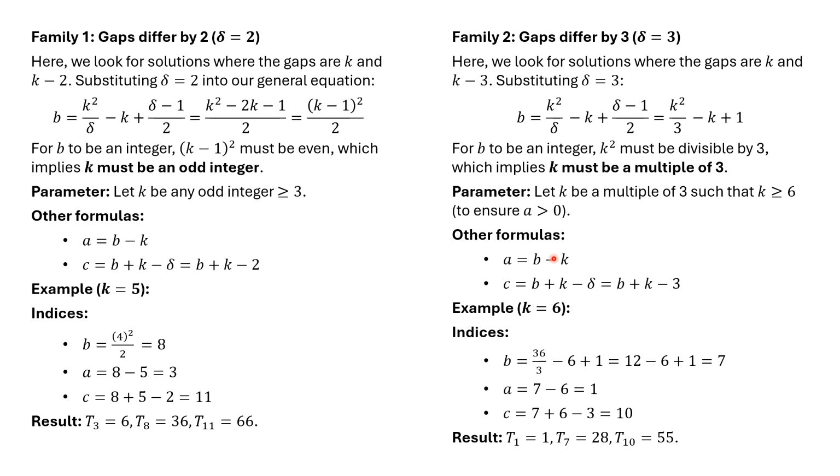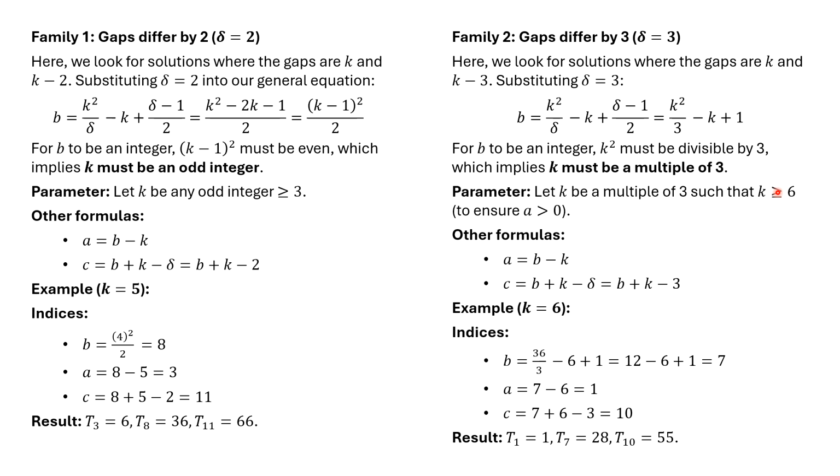And then we just plug it into the formulas. So we get, again, a is b minus k, and then c is the same formula, but we plug in 3 for delta, and we get this here. And then we could do an example.